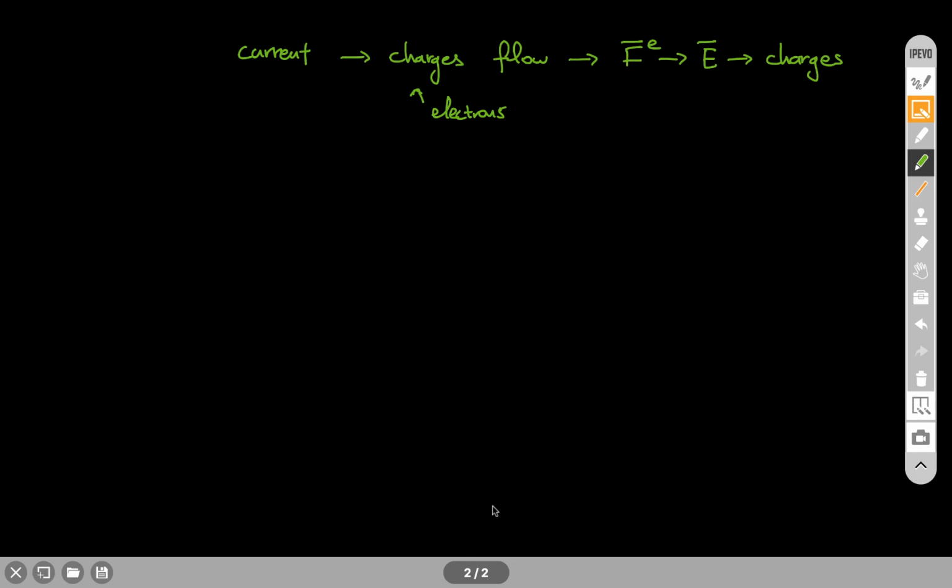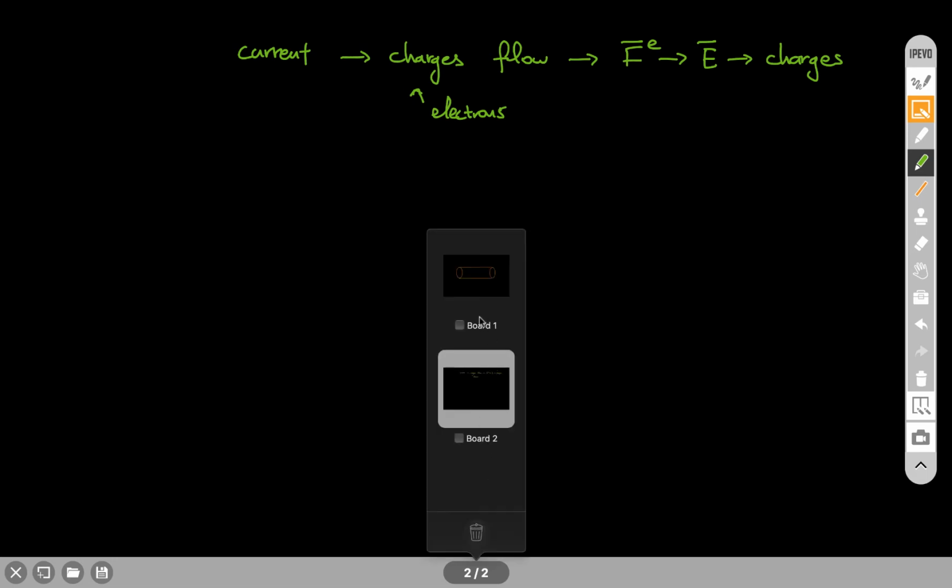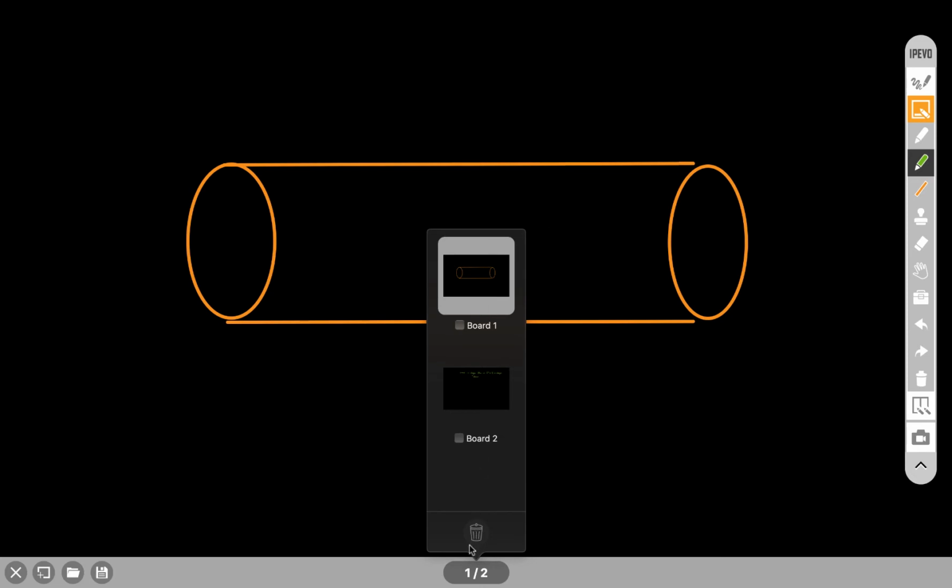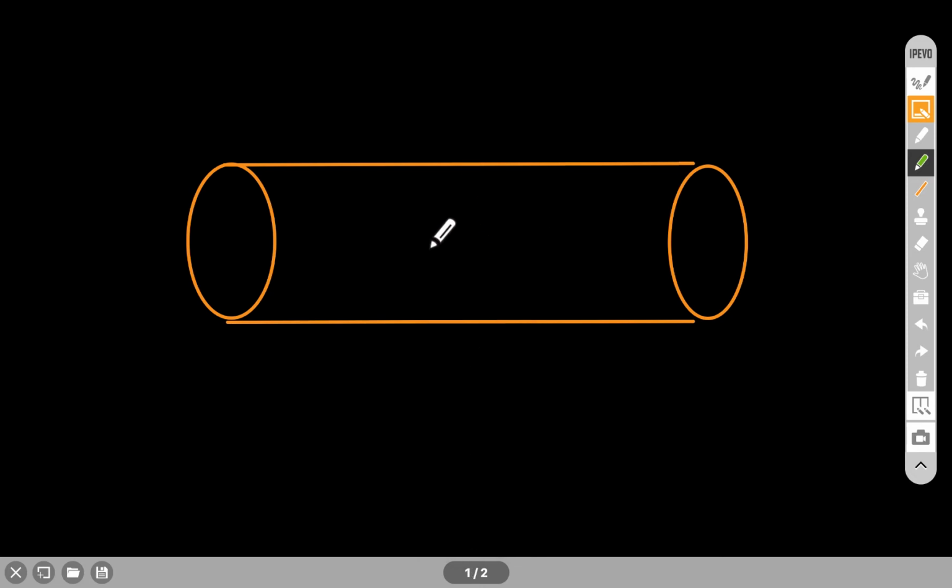Now, I'm going to go back to my picture with my conductor. Let's say I have an electron here, and I want my electrons to flow that way.